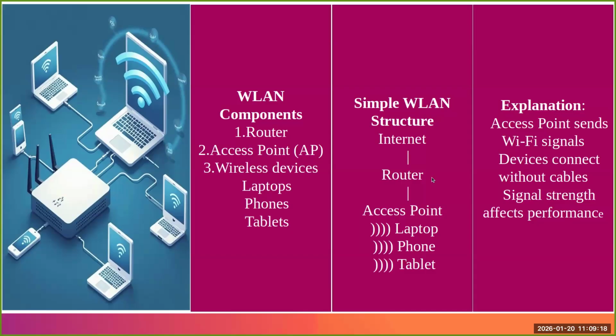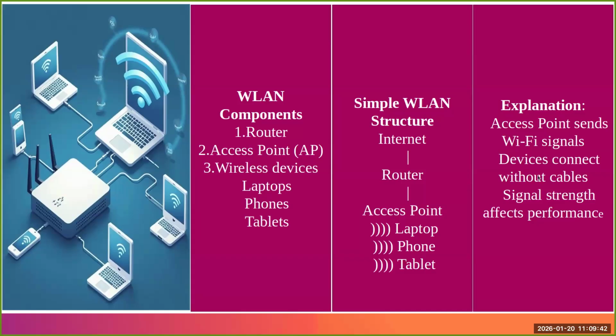So what's the explanation of this scenario? Access points send Wi-Fi signals, devices connect without cables to those access points, and then the access point connects you to the router by giving you IP addresses, and the device is connected to the internet. Or if there is a server, it connects you to the server there.